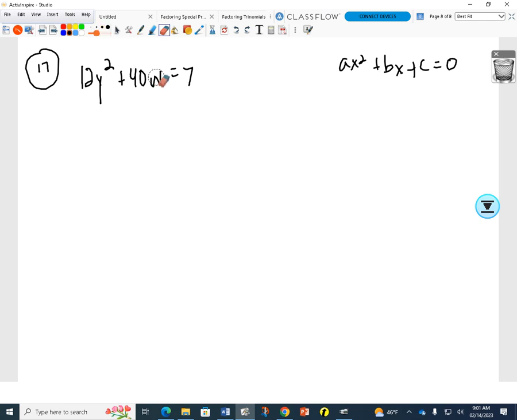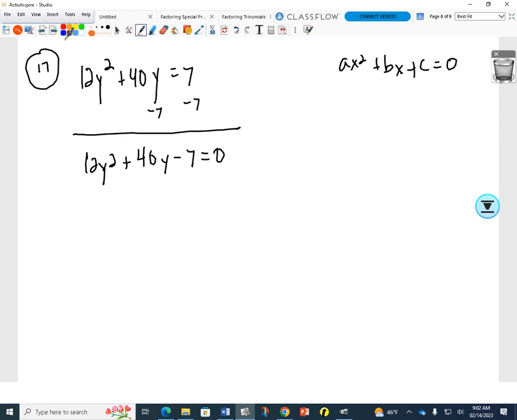So what am I supposed to do to get it equal to 0? Riley? It's equal to 7 now, and I want it equal to 0, so what could I do? Minus the 7 from the other side. Beautiful. Subtract 7 from both sides. That's right. So 12y squared plus 40y minus 7. Now it equals 0. Now it's in standard form.